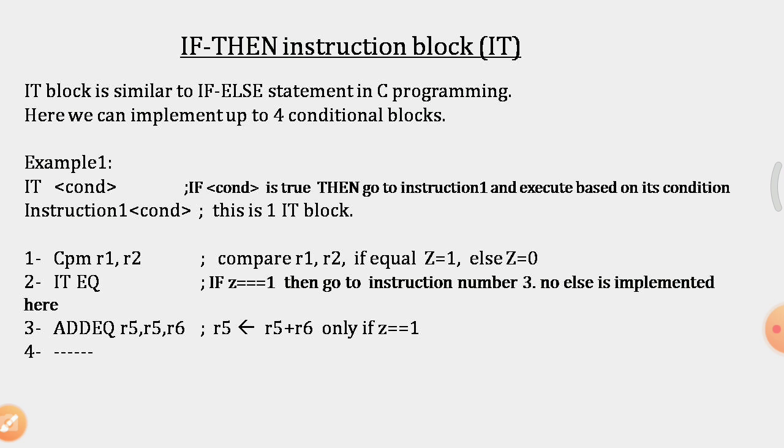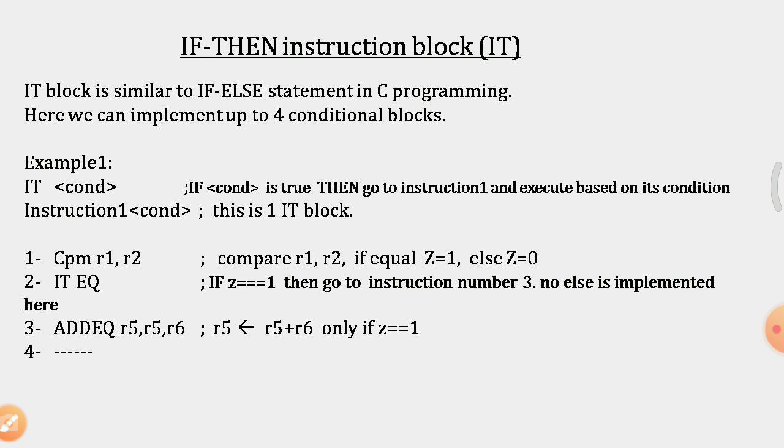That is, in line 3 we have the instruction ADDEQ R5, R5, R6. But here no else is implemented. By default, if the condition is true, the next instruction after IT will be executed.